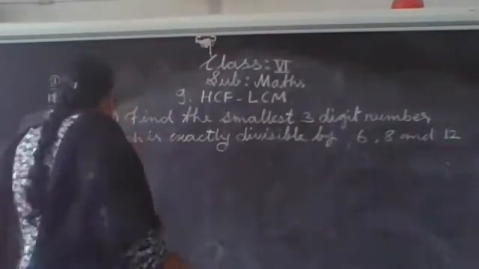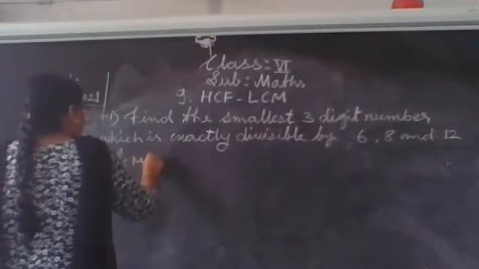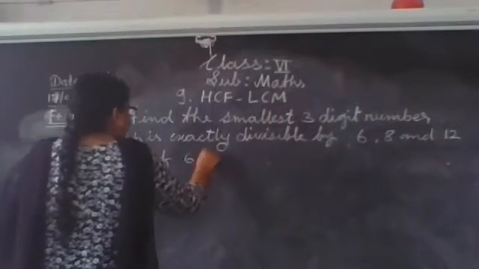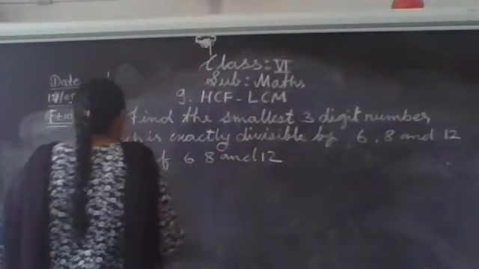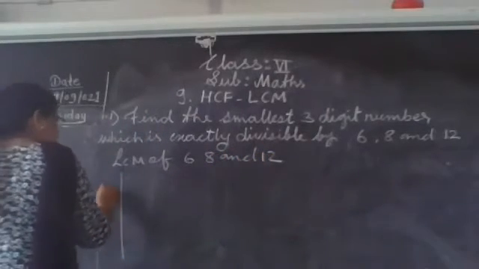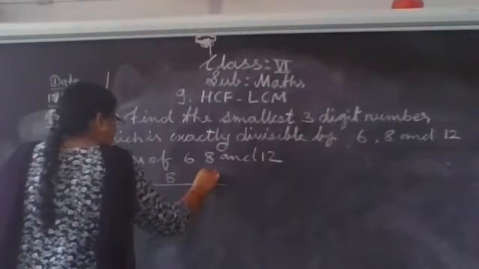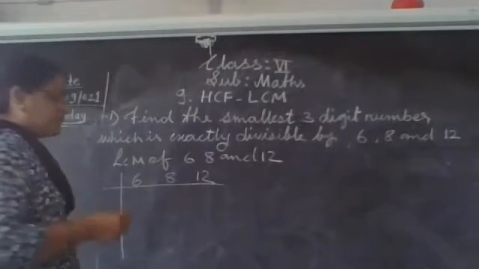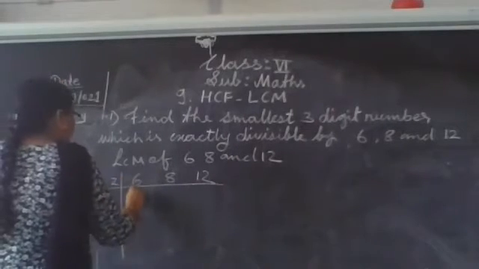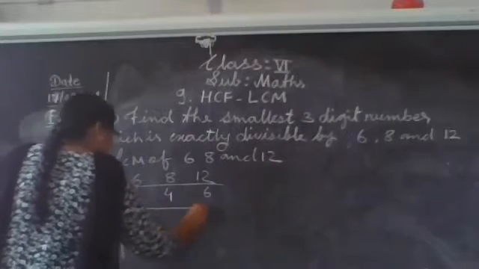Okay, so list. 6, 8 and 12 are all even numbers, so we will start with 2. 2 threes are 6, 2 fours are 8, 2 sixes are 12.